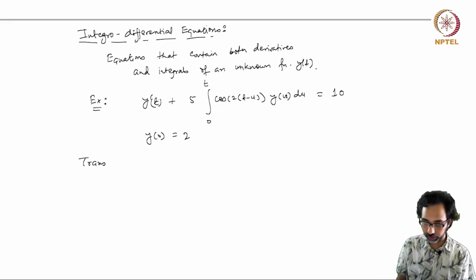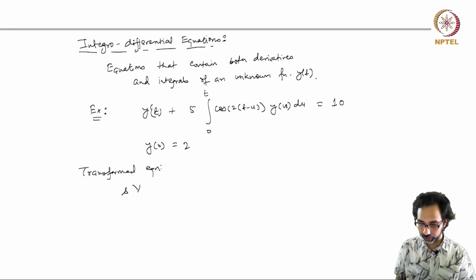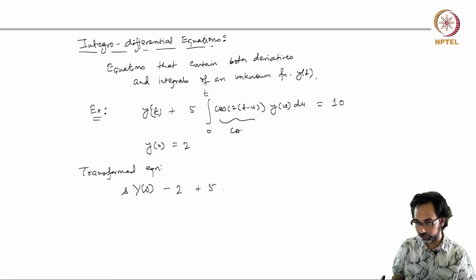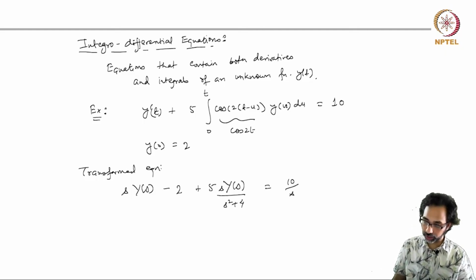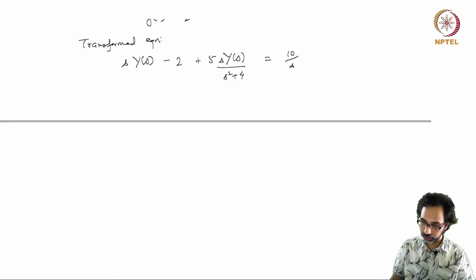So let's take the Laplace transform of the equation. We get s Y(s) minus 2 plus 5 times, for the function cos 2t, Y(s) over s squared plus 4, and then there is an s in the numerator as well, and on the right hand side you will get 10 over s.